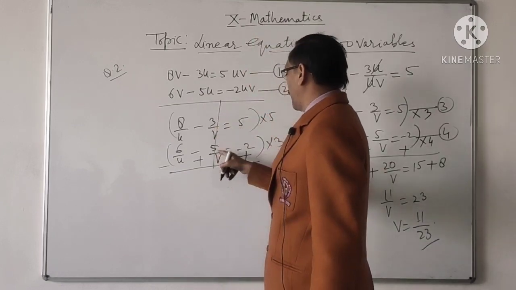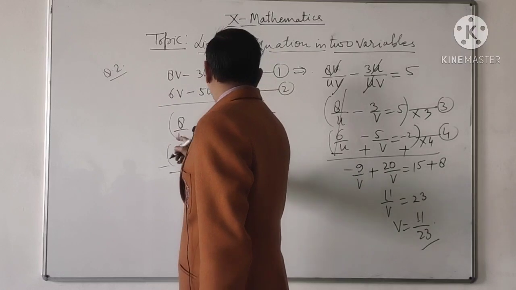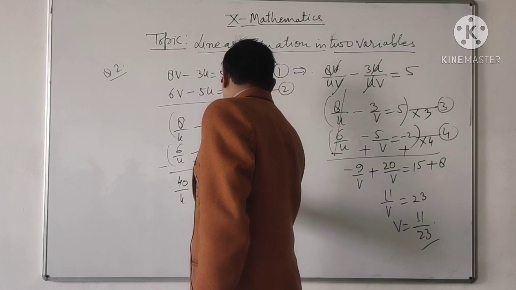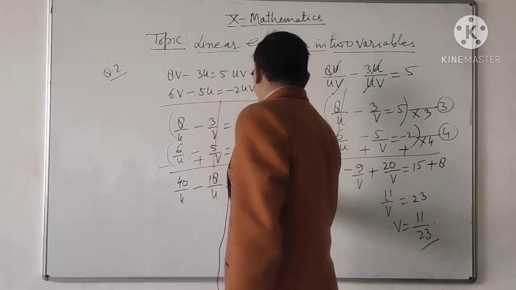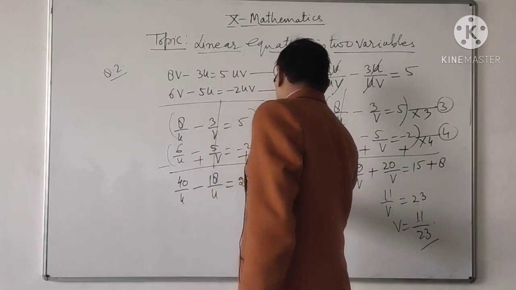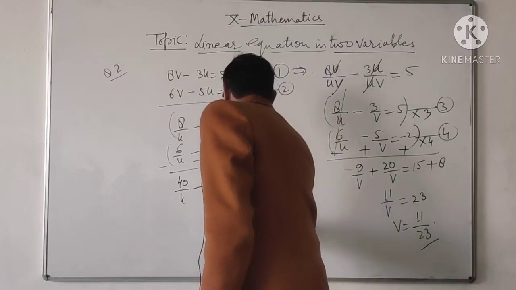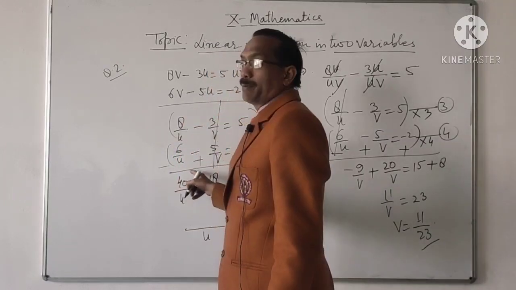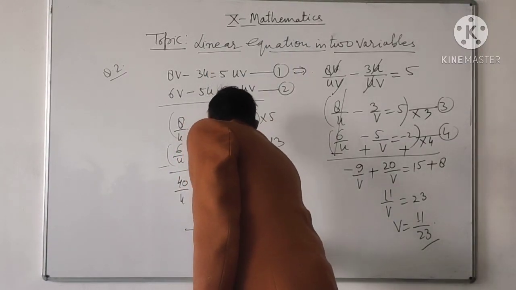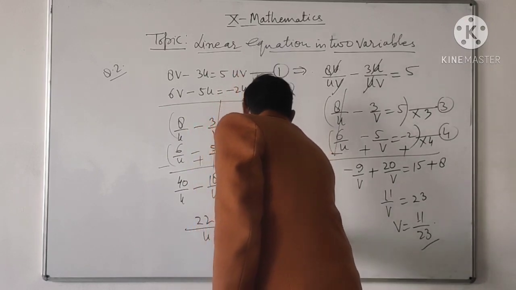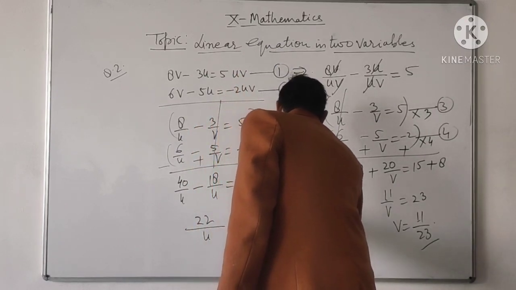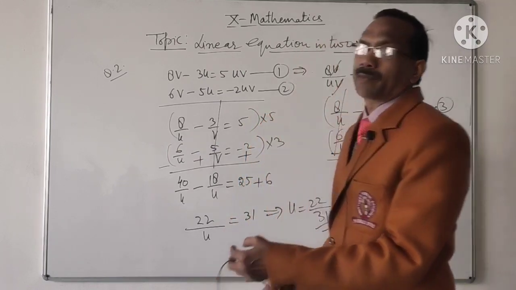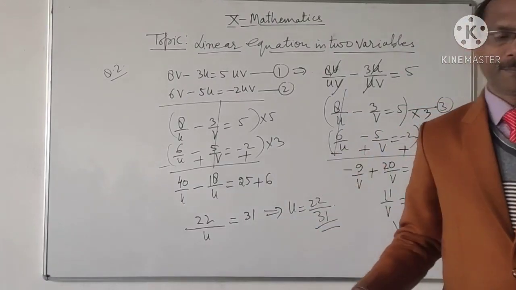It is 15 upon v, plus 15 upon v, cancels out. Now it is 40 upon u minus 18 upon u equal to 25 plus 6. So it is u; LCM, 40 minus 18 is 22. It is 31. So u equals 22 upon 31. These are the values of u and v.